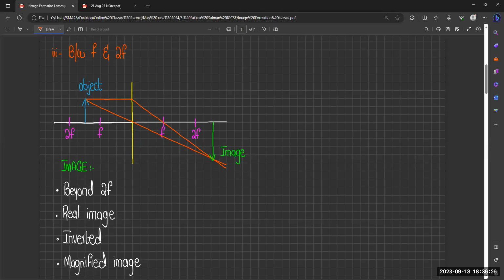So point number 4 is we have to place the object between the lens and the principal focus.